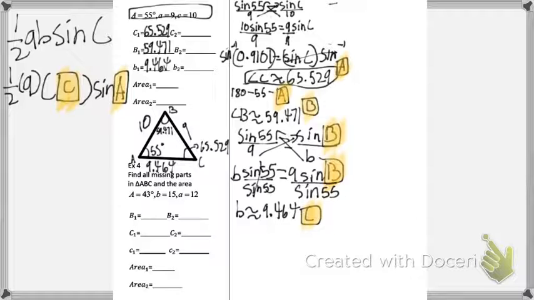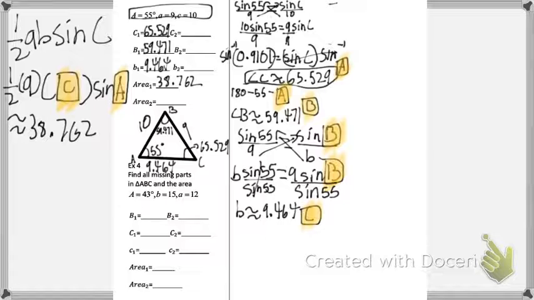So let's calculate that in my calculator. And I got that area approximately equals 38.762. So area 1 is 38.762.